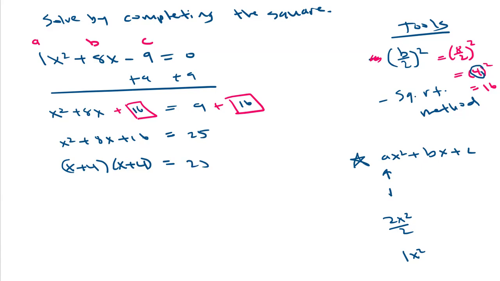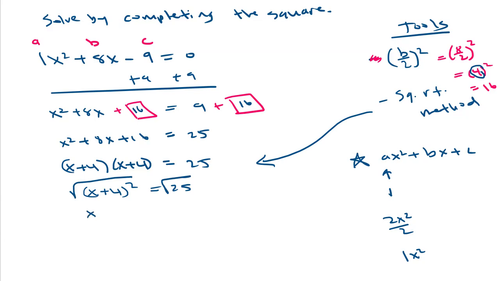Okay, so we have 25, and this leads us to the square root method, okay? Because this is going to give us two factors that we can rewrite as x plus 4 squared equals 25. And then we're going to use the square root method, which is take the square root on both sides.